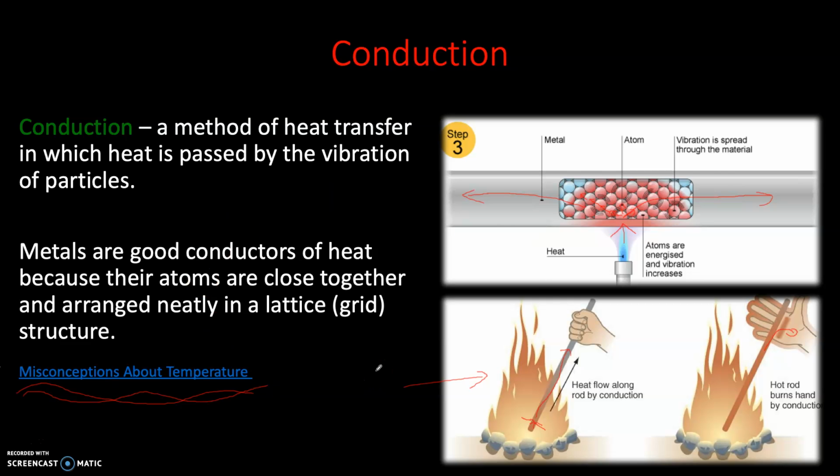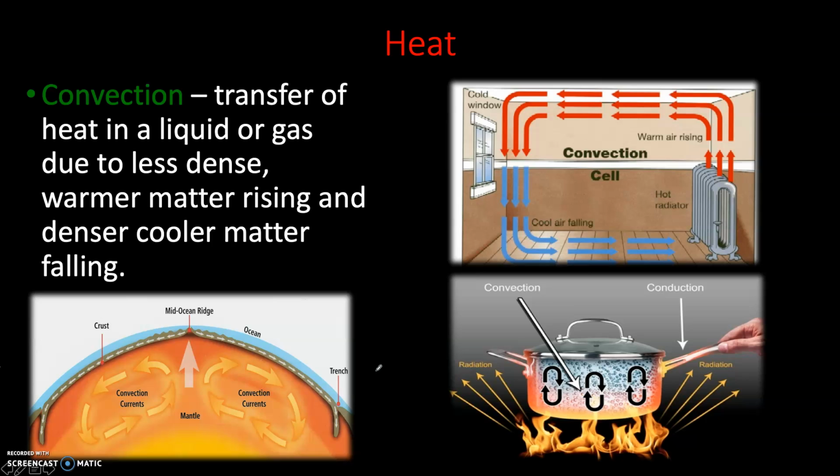Okay, let's take a step forward. The next one is convection. So convection is the transfer of heat in a liquid or gas due to less dense, warmer matter or atoms rising and denser, cooler matter falling. And there's various scenarios where convection currents are created.